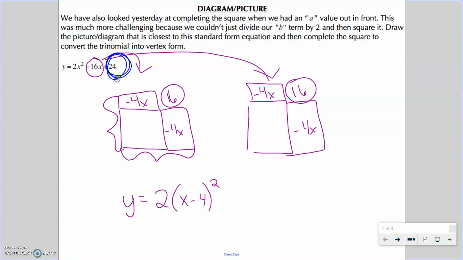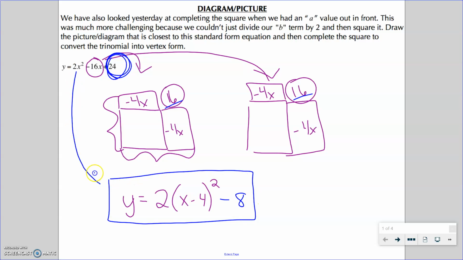We do not have 32 pieces to work with. We have 24, which means we're actually down some pieces. That actually means we're down 8 pieces from making this 16 and 16 a reality. So the way I adjust that is down at the bottom. I say that I am down 8 pieces, and that is from standard form to vertex form.